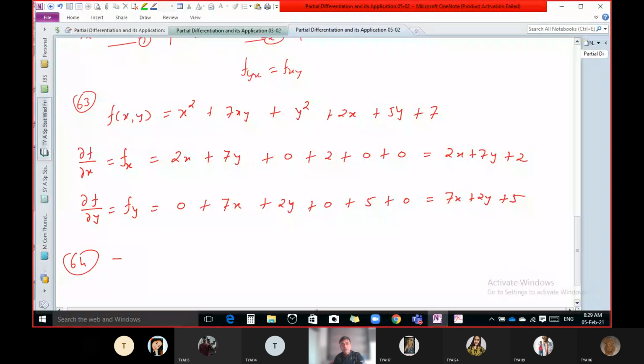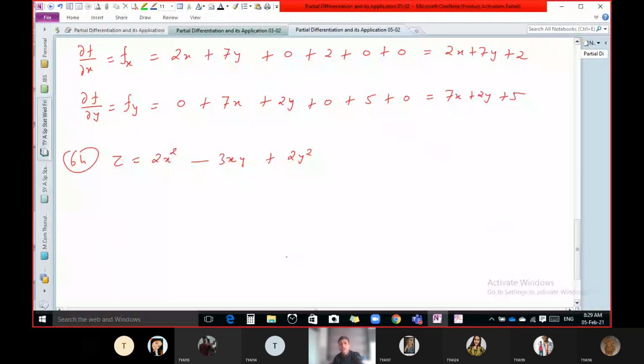z equals 2x square minus 3xy plus 2y square. And we have to find the second order derivatives with respect to x and y. So first of all, delta z upon delta x.